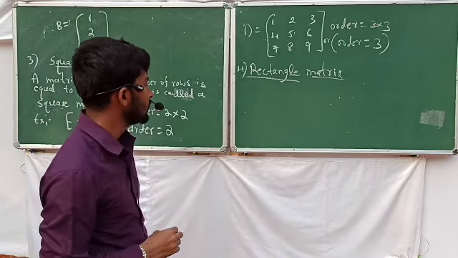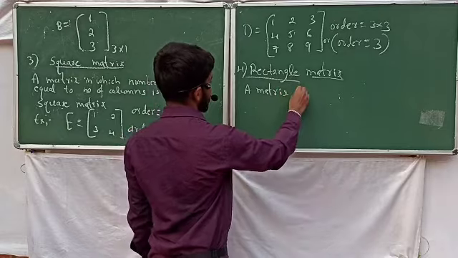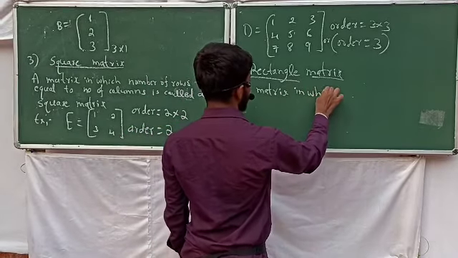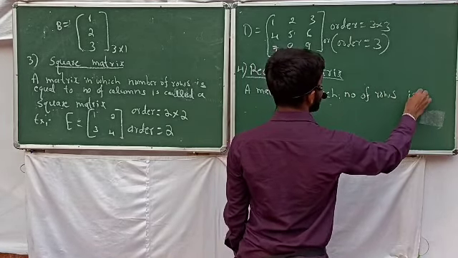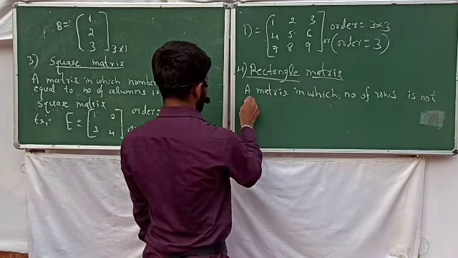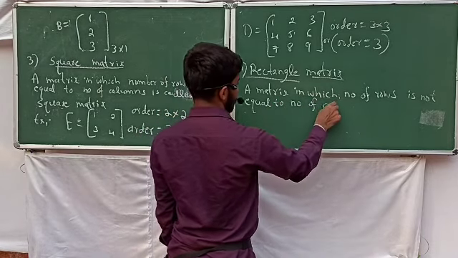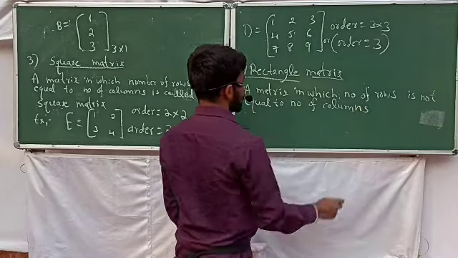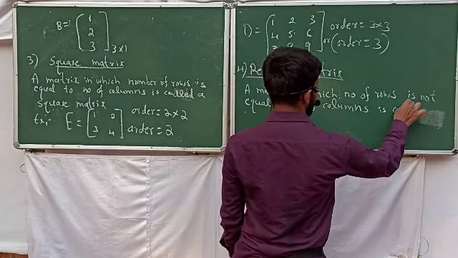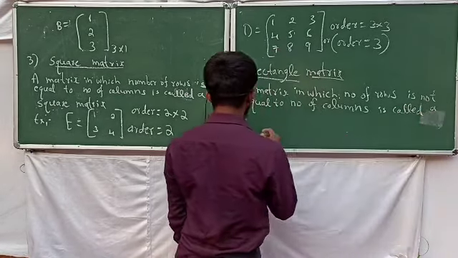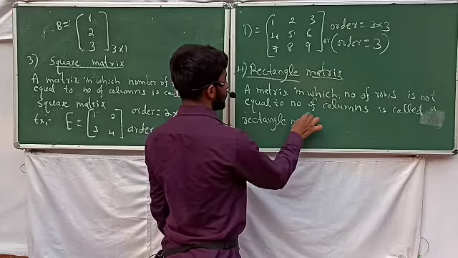Similar to that, rectangle matrix means a matrix in which the number of rows is not equal to the number of columns is called a rectangle matrix.